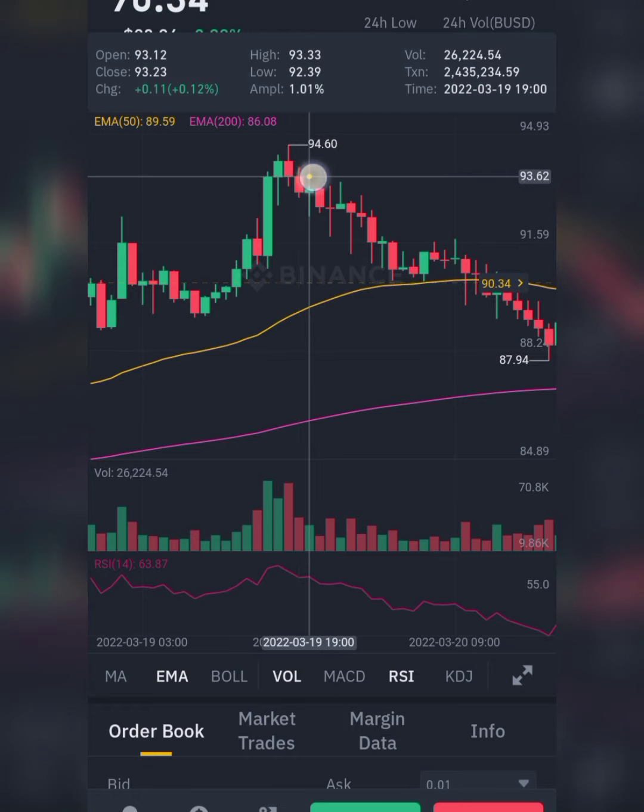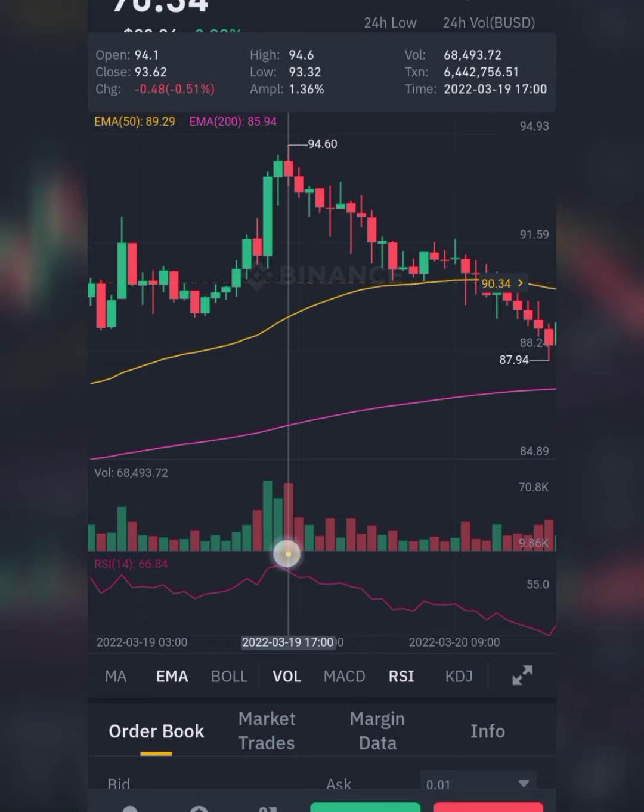At this point, see the red volume here, very huge, followed by another red volume, telling you that the institutional traders are dumping. It was from this point that they stepped in and dumped the price on the dumb money, which is the retail traders.